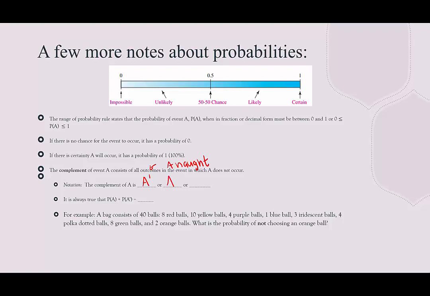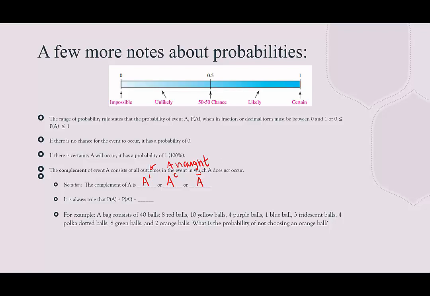We could also do A with an exponent of C, that means the complement of A. Or lastly, another notation that some books use is a little line segment on top of A. So if you see any of those 3 in a probability section, know that it's talking about the complement. That's all of the things.